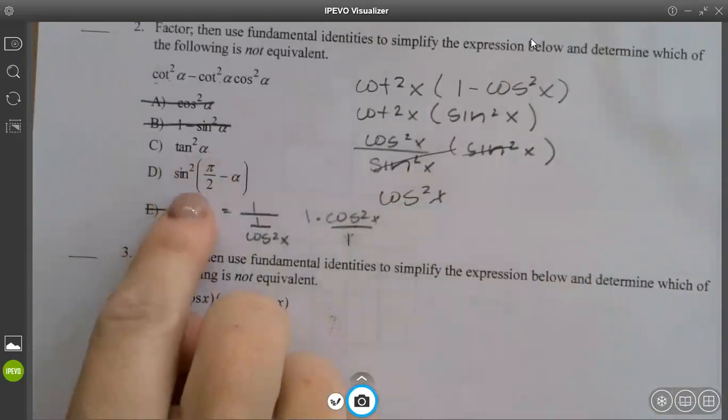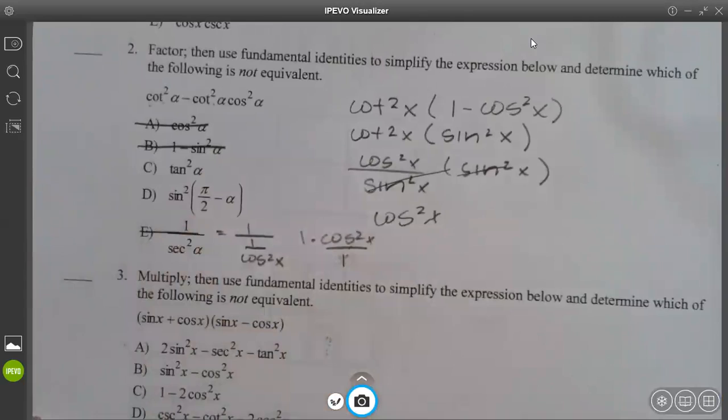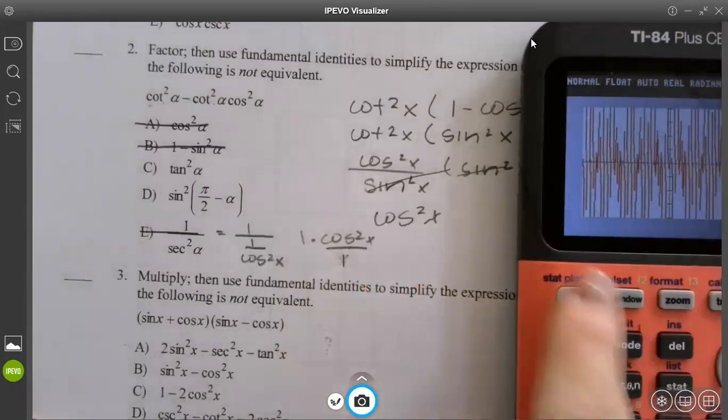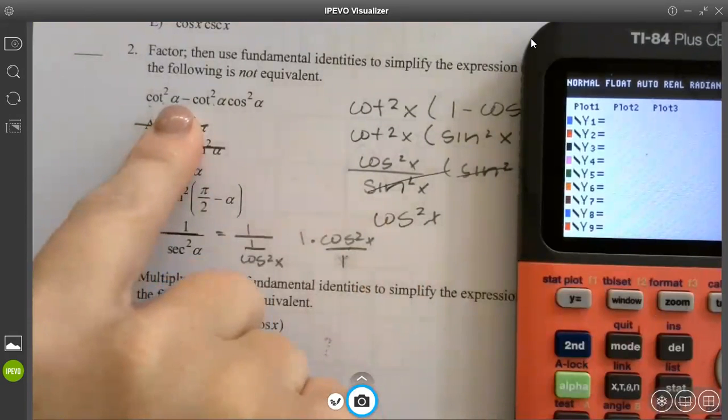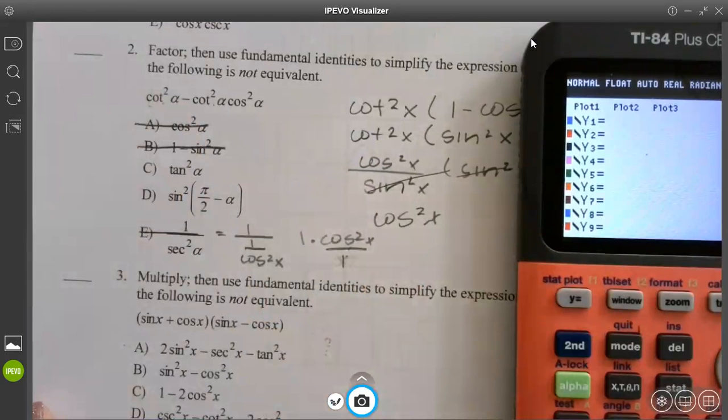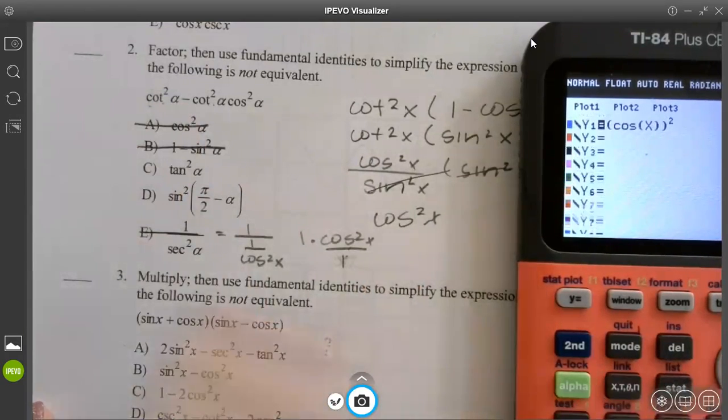This is a formula on your cheat sheet, but if you're not sure, what can I put in my calculator? Do I have to put this in my calculator? What can I put in there? What's that equal? Cosine squared x. So parenthesis cosine x, close your parentheses squared. And then I can try tan squared.